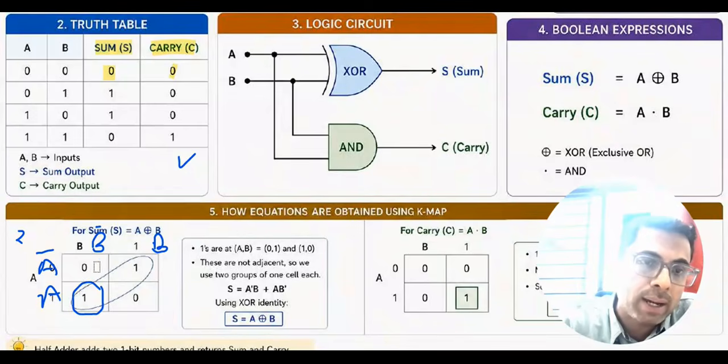I'm so sorry, so I have written here A and B bar, right? And for this another singular term, what will be the equation?